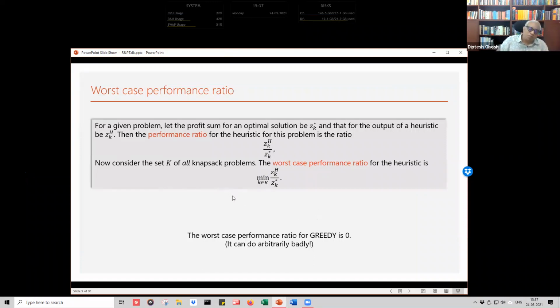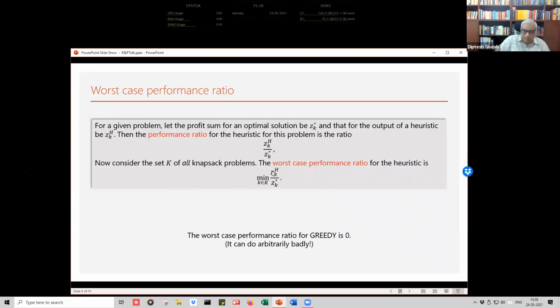Therefore, many of these methods, though theoretically very sound, are practically not very useful. Usually, when you are looking at heuristics, you are looking at their empirical performance. In which case, the greedy heuristic's empirical performance is great.